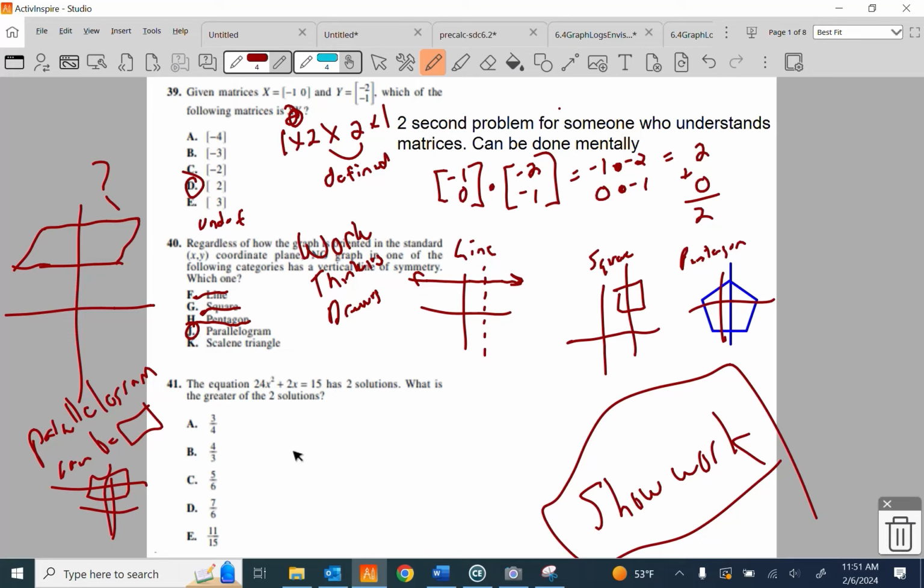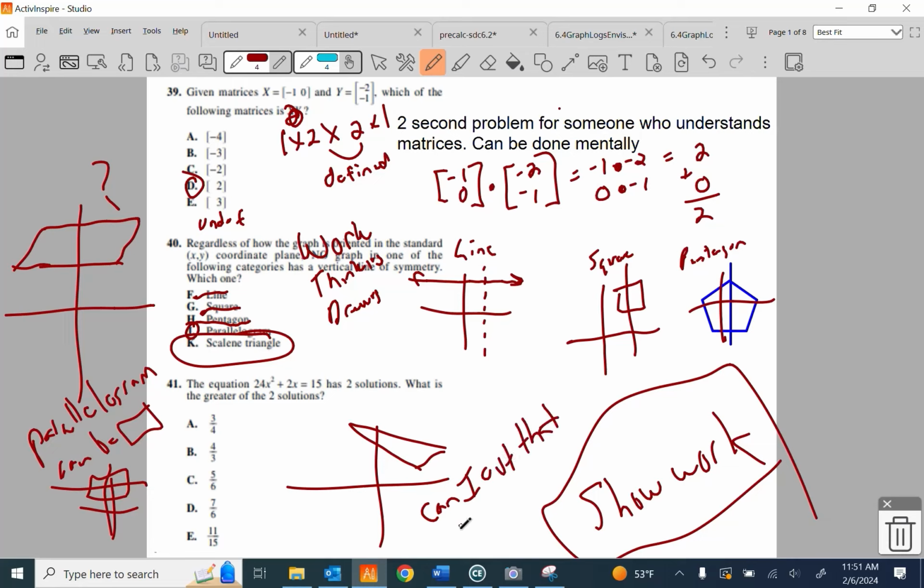The scalene triangle is probably the right answer. Because if I draw a scalene triangle, that just means, you know, sides don't match. And can I cut that in half?